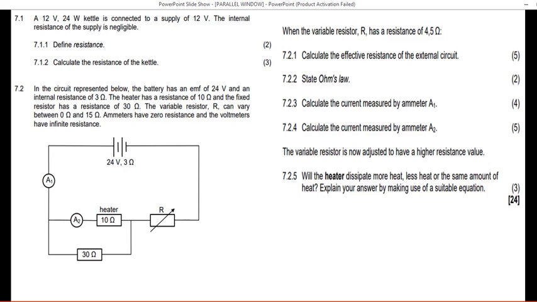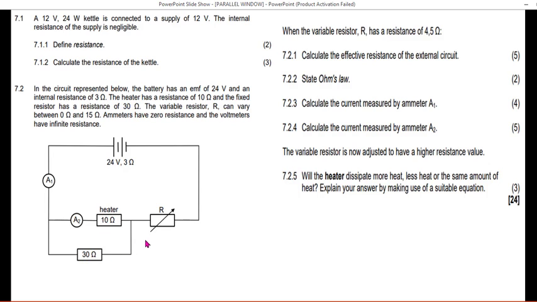That means the higher the resistance, the higher the proportion of voltage they will take. So when you increase resistance this side, the proportion of the voltage taken by this variable resistor will increase. So this will now take a lower proportion. So voltage here will decrease. And if voltage decreases, the power will also decrease.